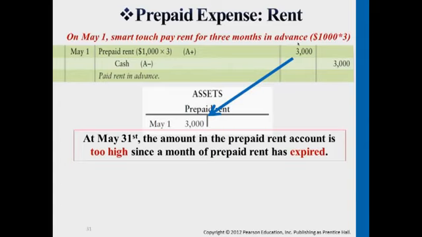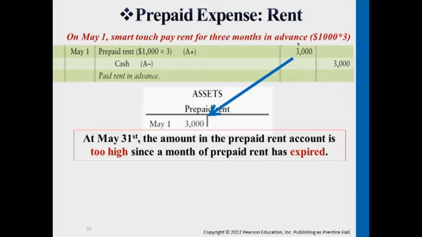For 3 months, right? So you see the bracket there, 1,000 times 3, and at the end it says paid rent in advance. So let's assume that this $3,000 is worth of using a certain location for 3 months. So meaning each and every month the rent expense is $1,000.